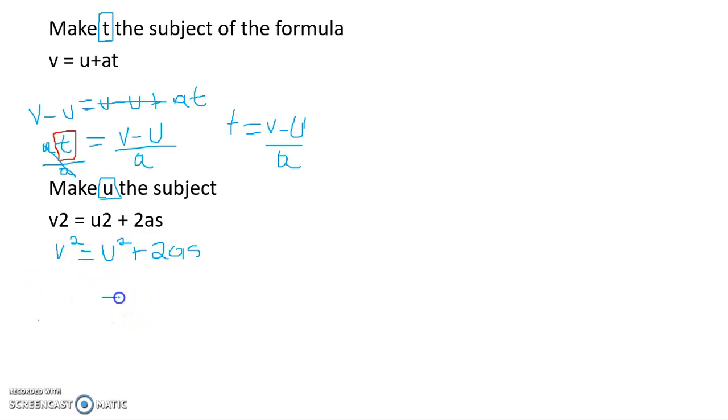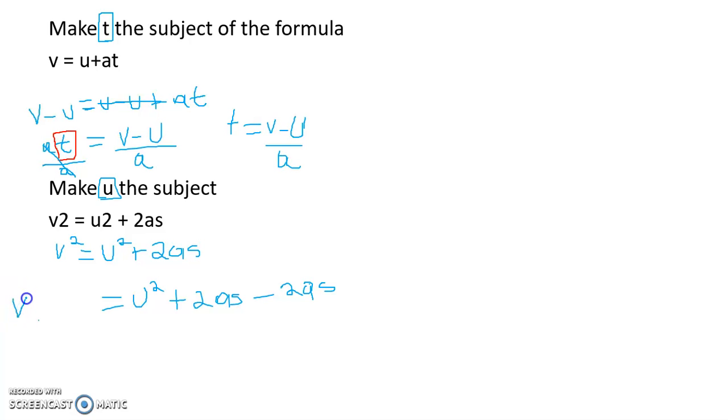So equal to u squared plus 2as minus 2as, because you want to get rid of all that.